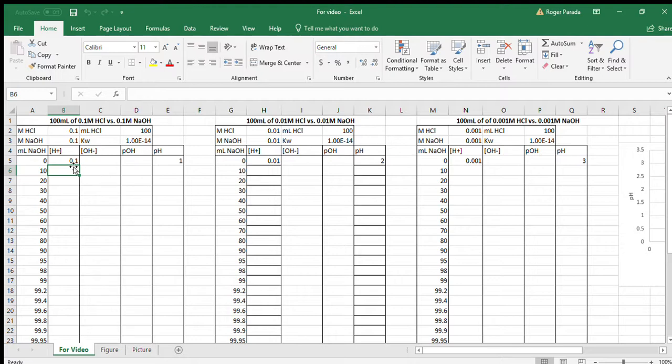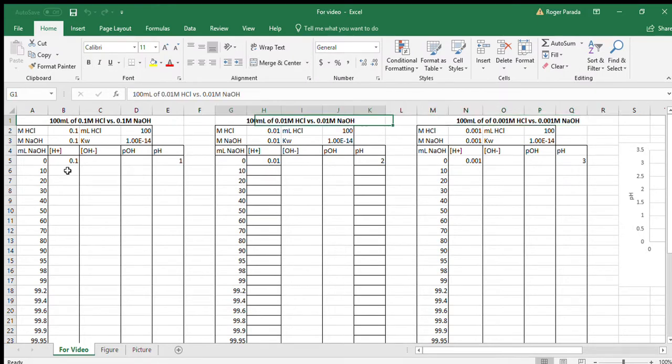Dasgupta's Spring 2018 class. And today we will be going over simulating a titration in Excel, and we'll be doing the simplest one, which is a strong acid versus a strong base. Same concentration, and we'll be keeping the concentration equal, but as you can see, we'll be changing that equal concentration.